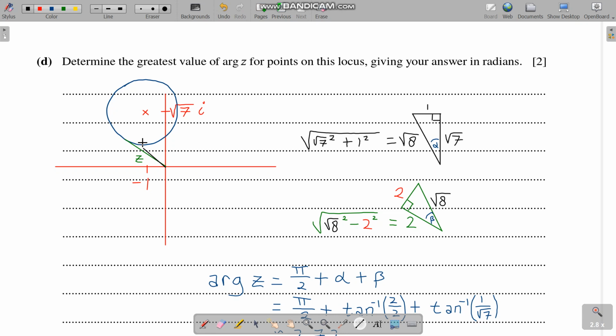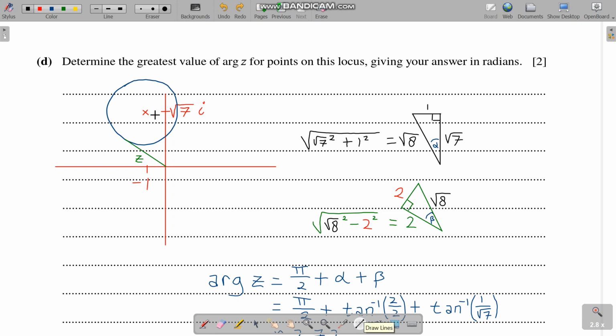But since we are looking for the greatest value of arg z, that means we want the line to be touching this circle. Why is it touching? Because we need this theta to be as big as possible. It is the greatest when this line is almost not touching anymore. So that's when this line is the tangent.